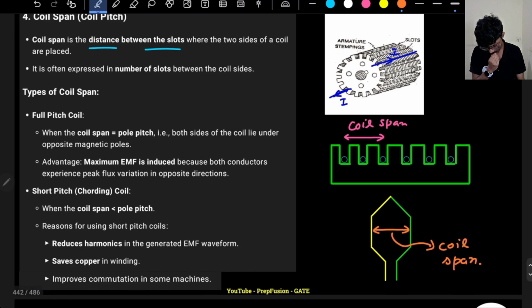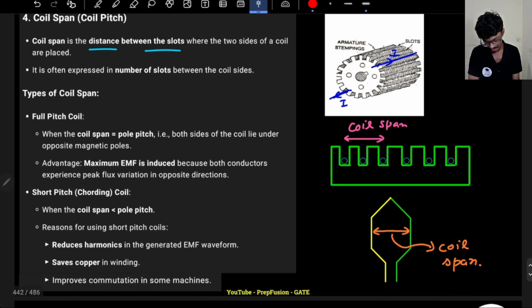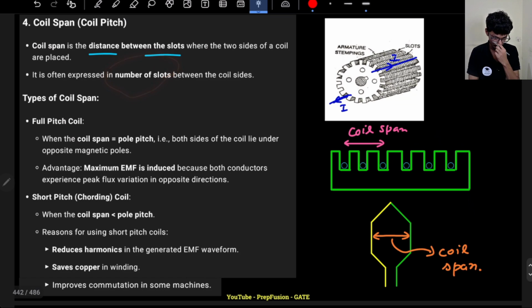It is generally expressed in number of slots. How many slots are there in between? So let's say here, what is the coil span? 1, because only one slot is in between. If one of the coil sides was here and the other coil side was here, the coil span will be 2.